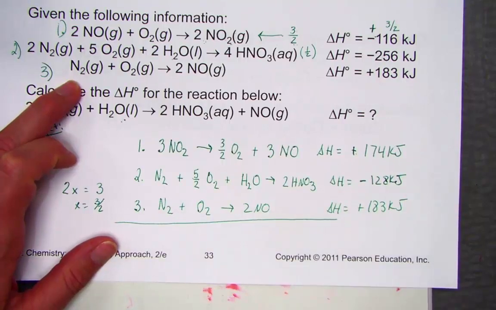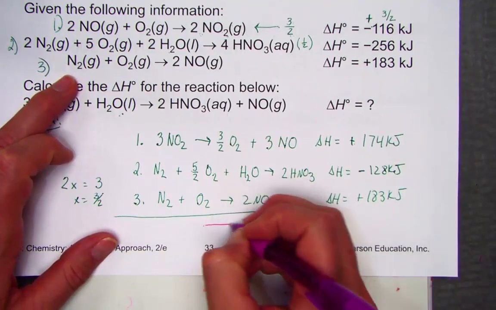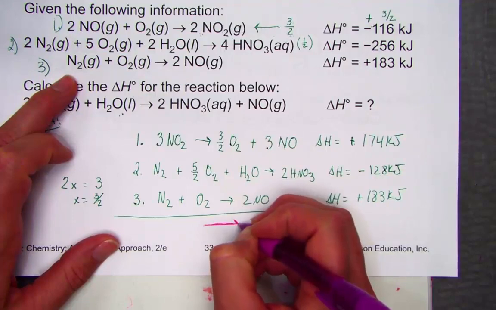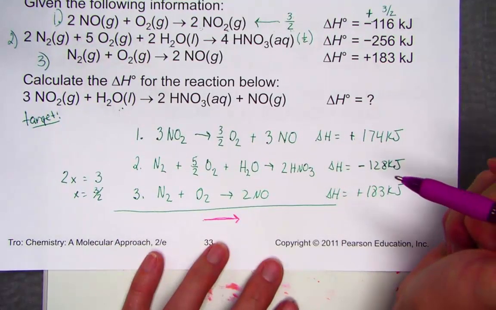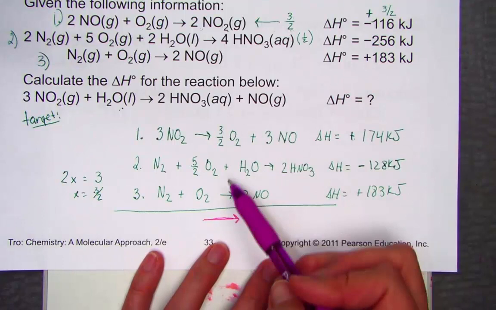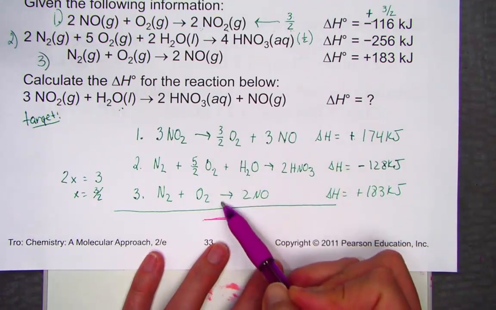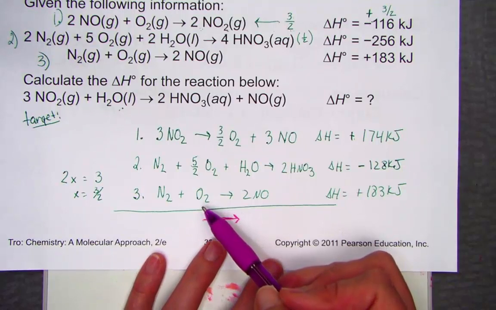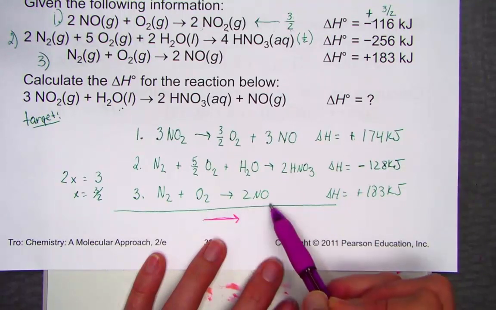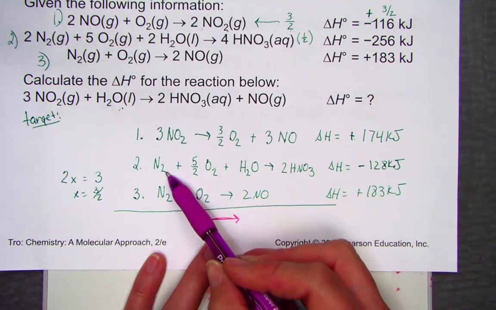If we add these equations together, simplifying anything from the opposite sides of the arrows, cancel them out just as you would in algebra. Here's what I'm finding. I have on the left side of the arrow, let's see, nitrogens are combining.